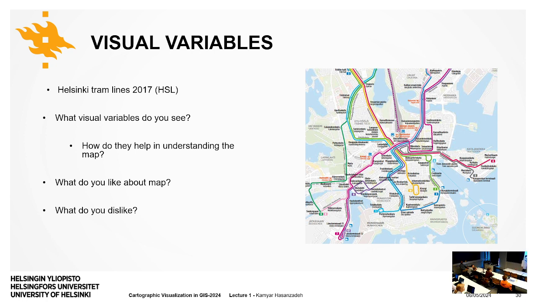Yeah, and the stops, they have different shapes, so it shows you that this stop is different than the line. Other types of transportation hubs like metro stations and bus stations and railway stations and the ports. Yeah, exactly. So there are different shapes.